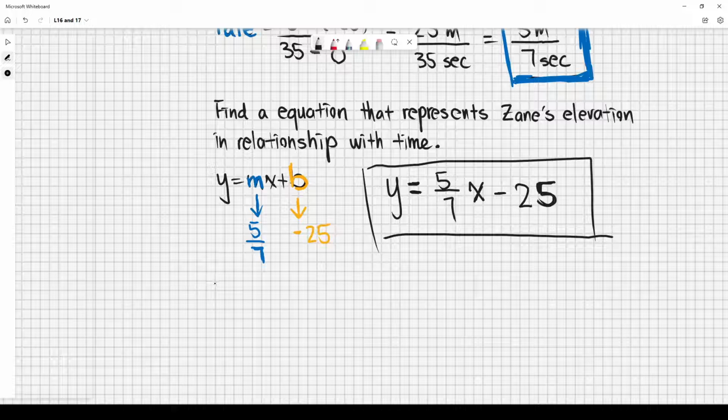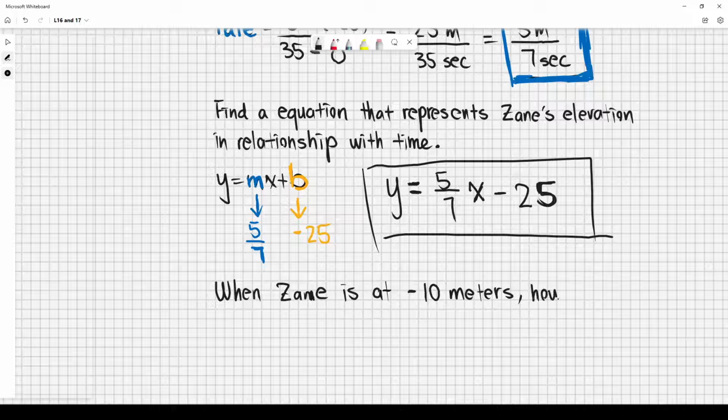When he is at negative 10 meters, how long has he been running? Yeah, or climbing. Yeah, he's climbing. He's climbing upward.